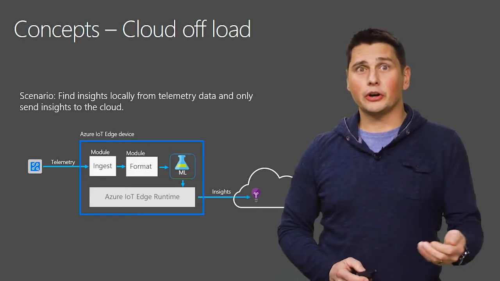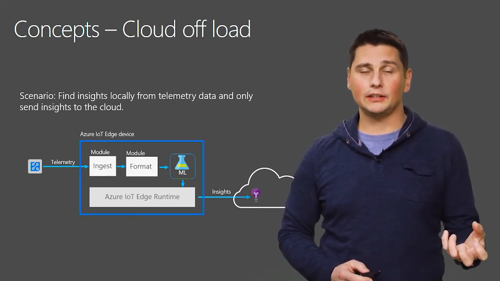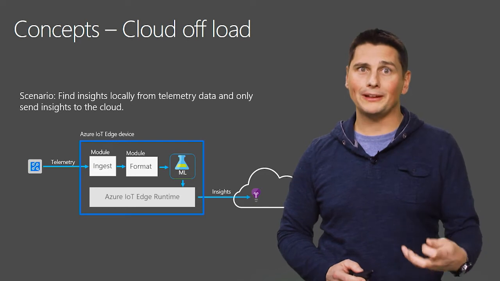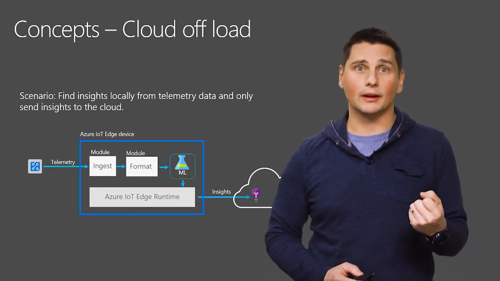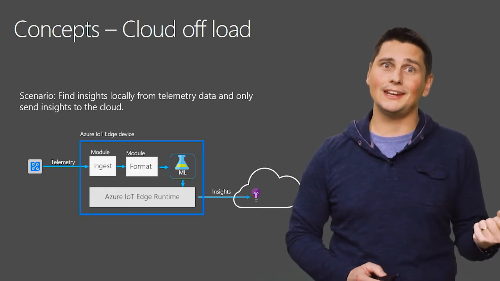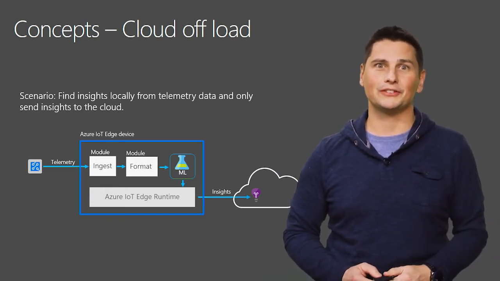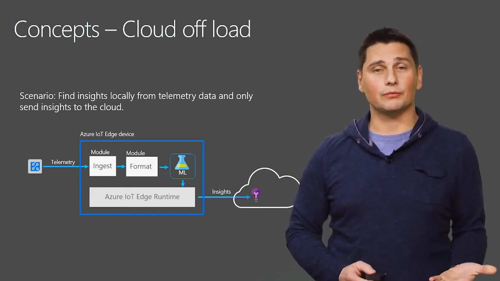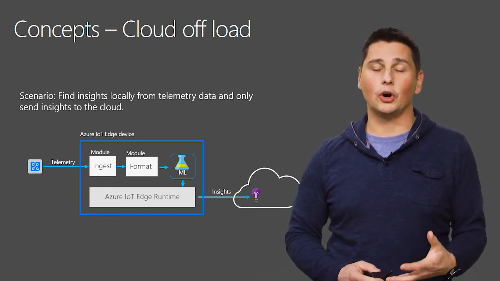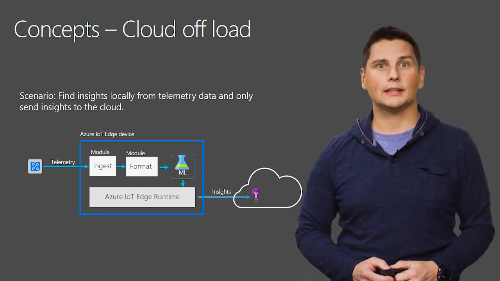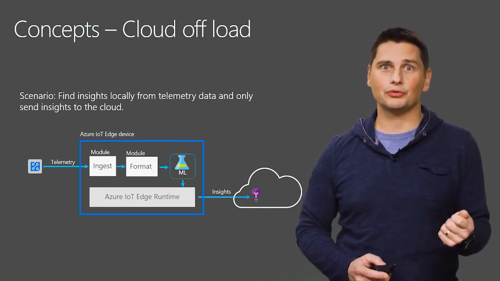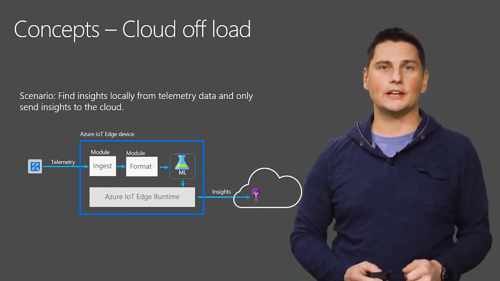So in that scenario, we have the notion of ingesting the data, we have a module that will format and transform the data, and then we have the machine learning job that has been created and trained in the cloud, running on the edge device to do the analytics. Then the Edge runtime will send the insights and not a whole bunch of data up to the cloud. You save lots of bandwidth, and you can leverage that machine learning algorithm, the one trained in the cloud, down at the edge on a device.